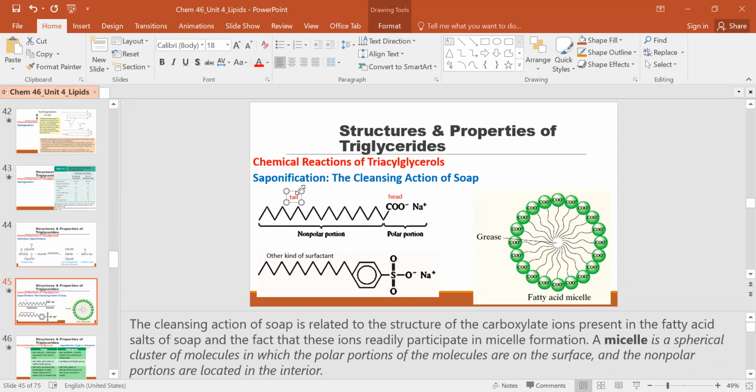So your tail is the non-polar portion, or the hydrophobic part. And the head is also the polar or the hydrophilic part, the water-loving part.